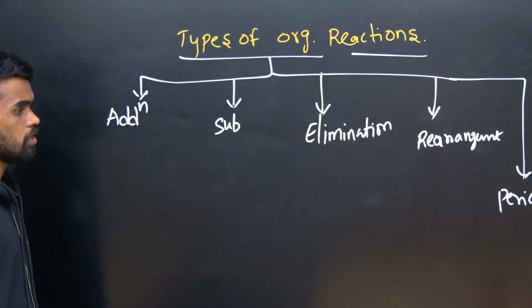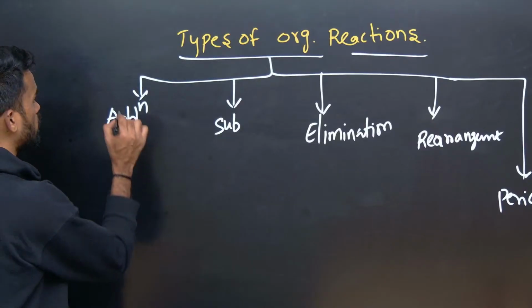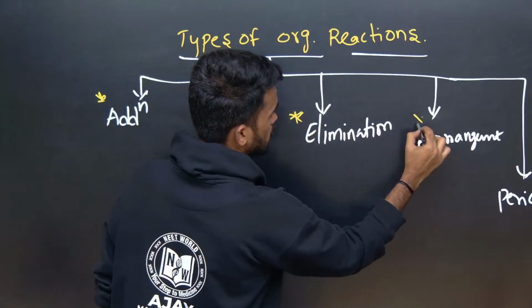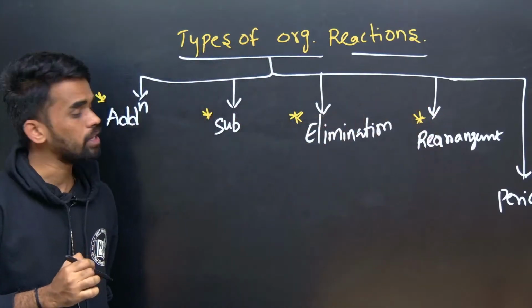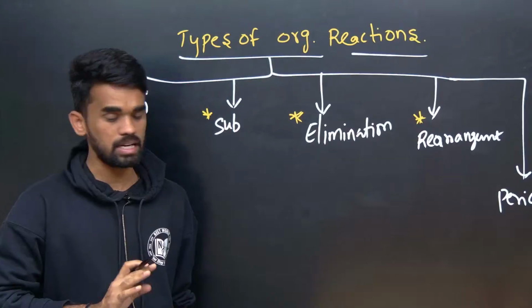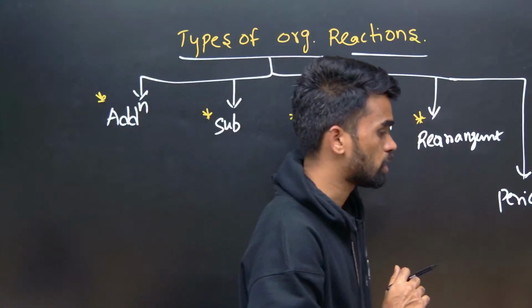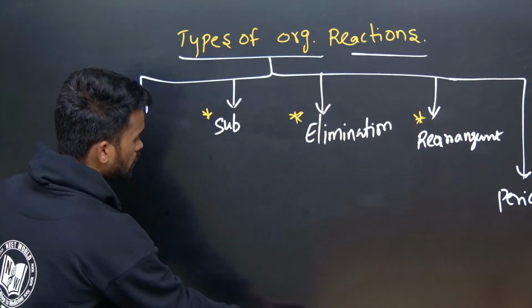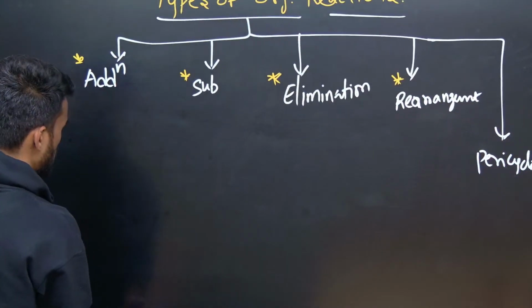In your syllabus, these are the important things: addition, substitution, elimination and rearrangement. In pericyclic only one or two reactions are there as per your syllabus, so you can just go through that, that is enough.